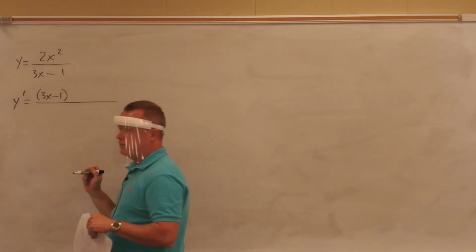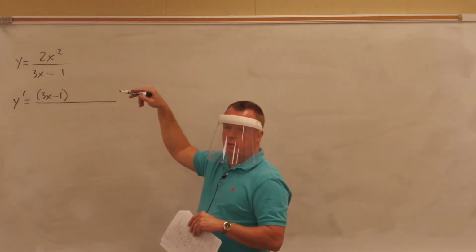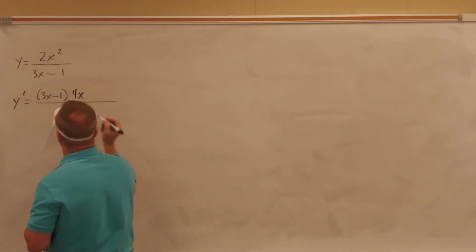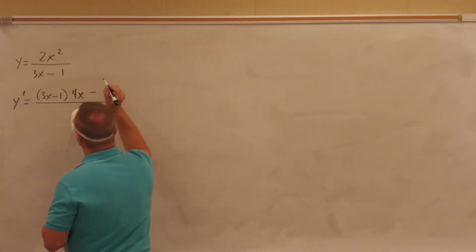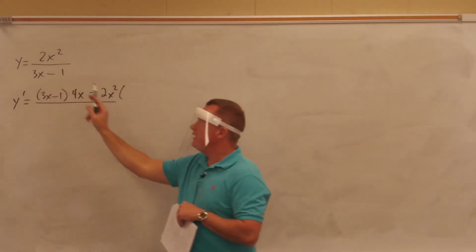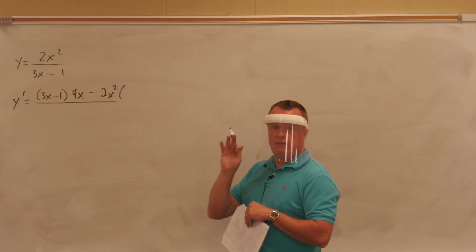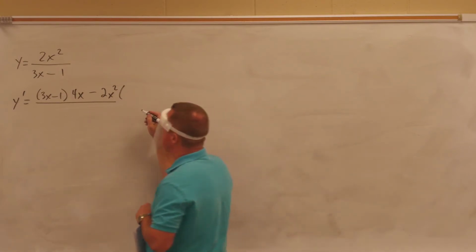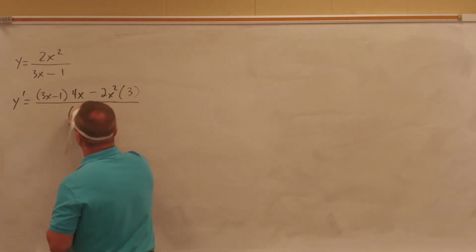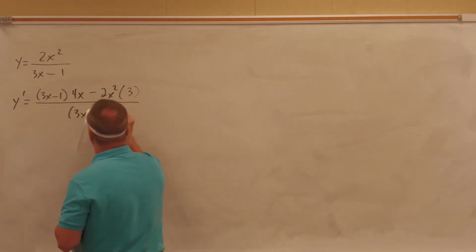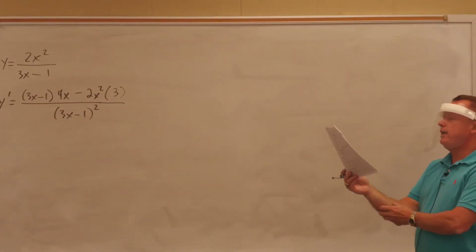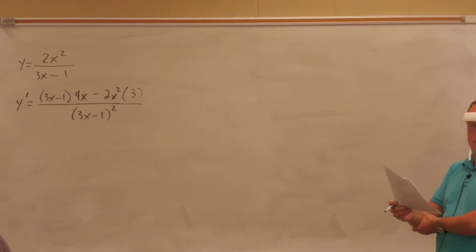The derivative of 2x squared, just use the power rule: 2 times 2 is 4, 1 from 2 is 1, so that would be 4x, minus the top, 2x squared, times the derivative of the bottom. The derivative of 3x minus 1 would just be 3, over the bottom squared. Okay? Any questions about that first step?